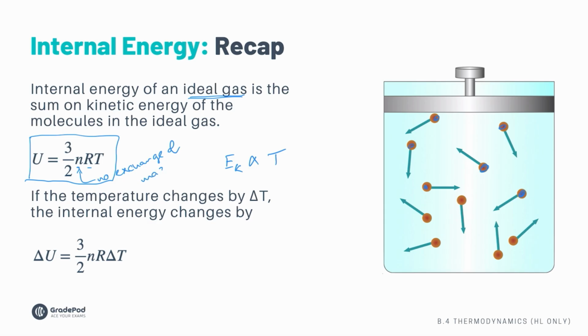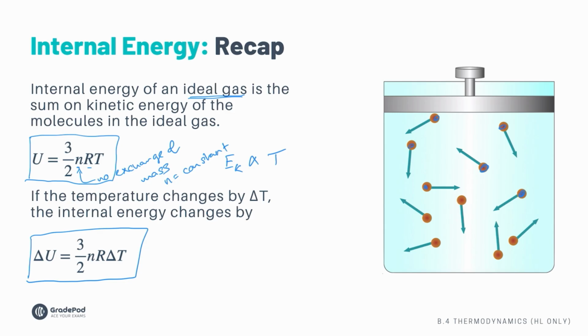If there's no exchange of mass, then n is a constant. And 3/2 is obviously a constant. So if we want to find the change in internal energy, the only thing that would change is the temperature. So that gives us an expression for the change in internal energy of an ideal gas inside a simple engine.